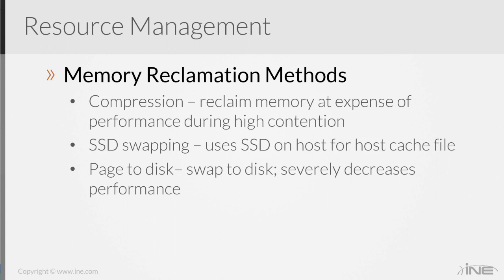Paging would be the last resort due to the performance penalty it places on the disk, as well as the fact that reading and writing to disk is a lot slower than reading and writing to memory. What we should also note is these methods would only be used during a contention for resources.